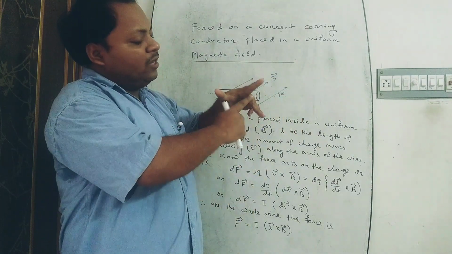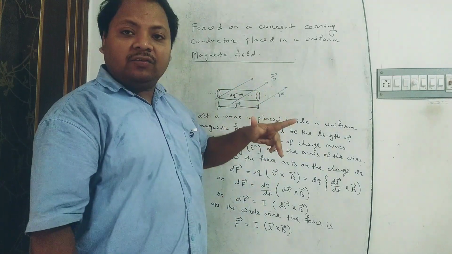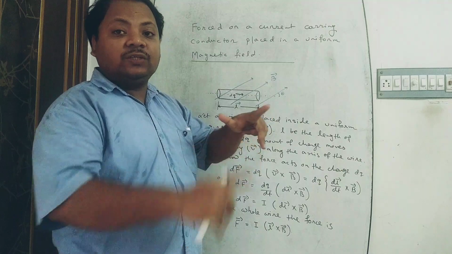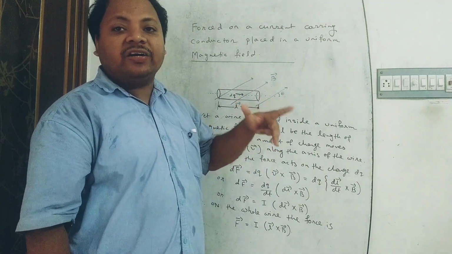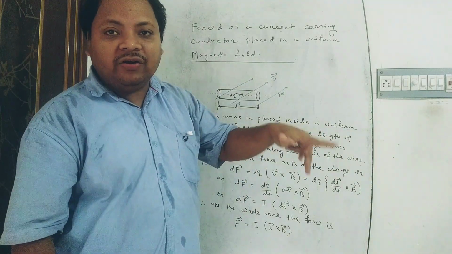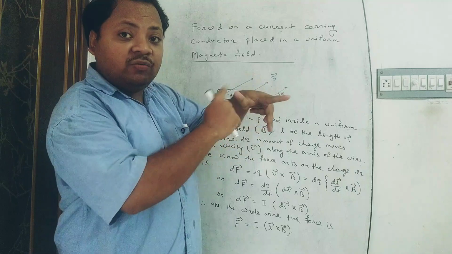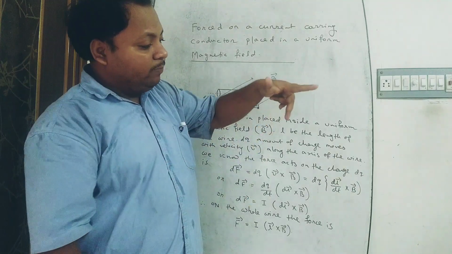Here the index finger denotes the direction of the magnetic field, the middle finger denotes the direction of the current, and the thumb denotes the direction of the force, when these three fingers are placed mutually perpendicular.